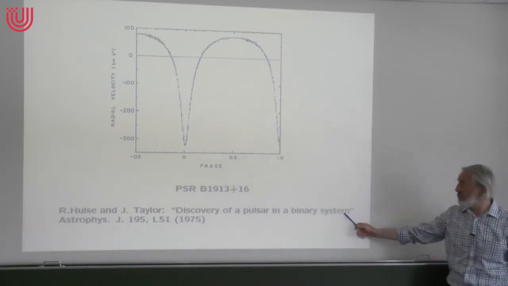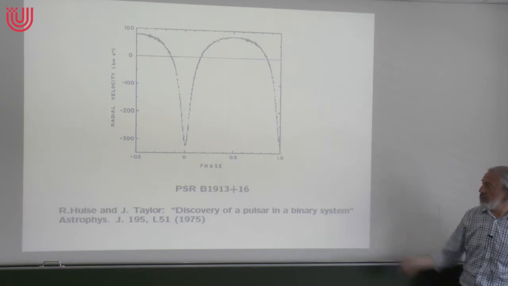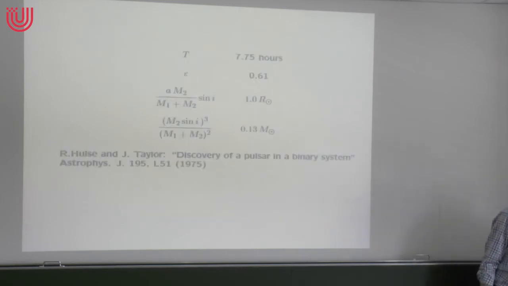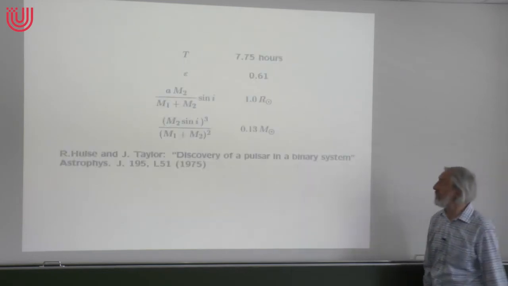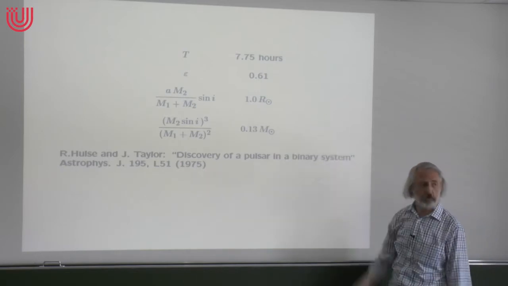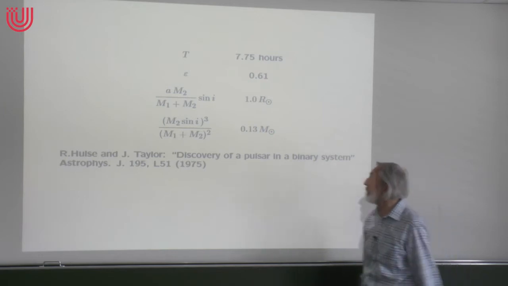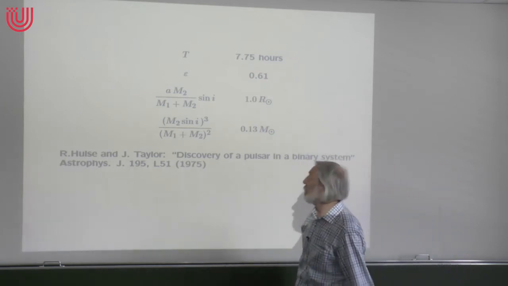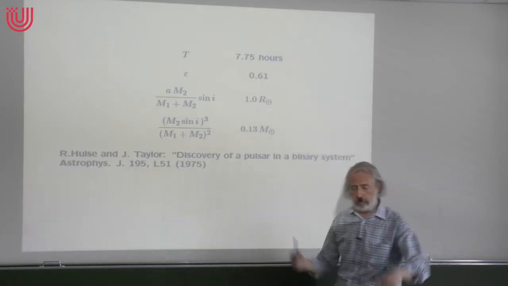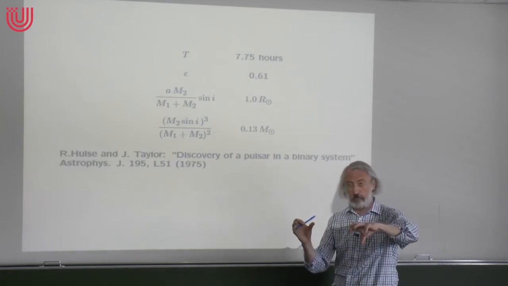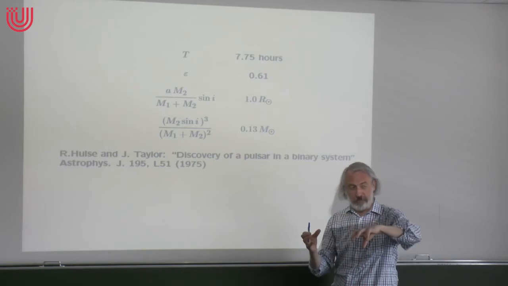This was done in this paper by Hulse and Taylor, where they reported about their discovery and gave some of the parameters of the system. I already said the period can be read directly from the observation, and it came out to be 7.75 hours. This is the time for one revolution. So two stars orbit around each other in 7 hours.